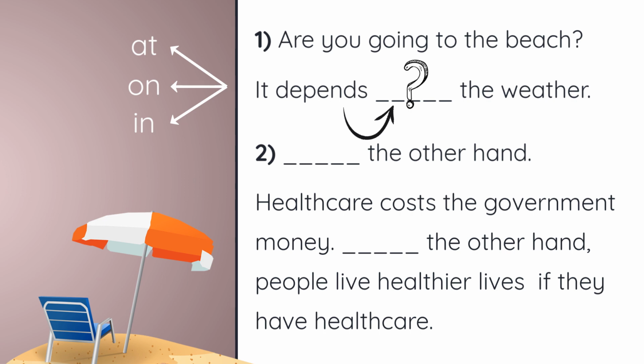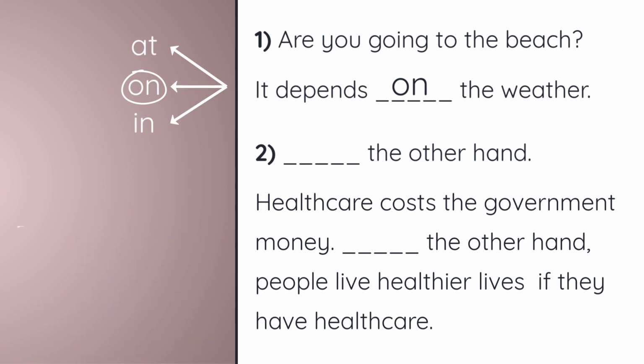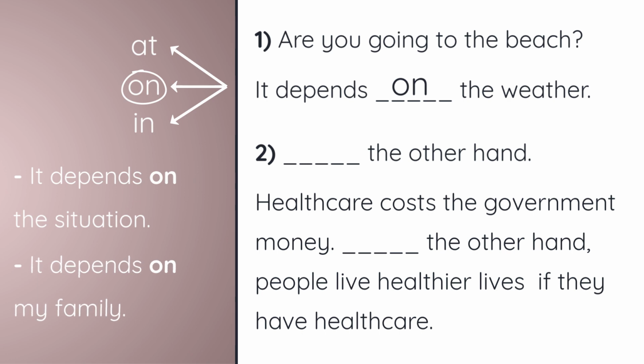What do you think? It depends on the weather. Okay? It depends on the situation. It depends on my family. So, remember, when we use depends, the preposition that comes after it is the word on.